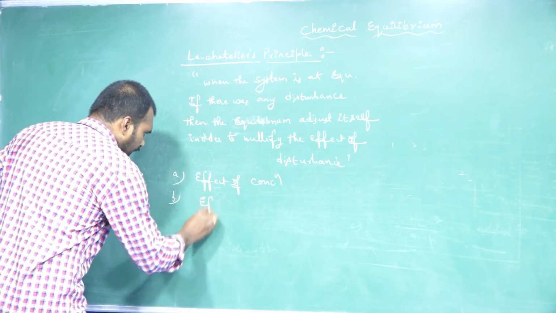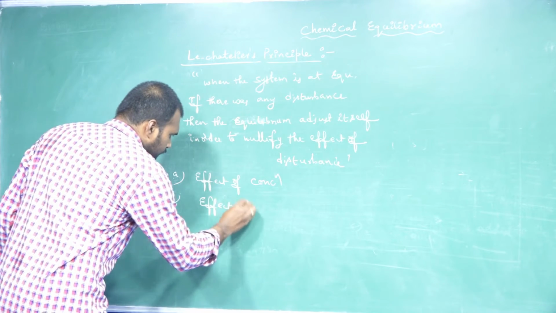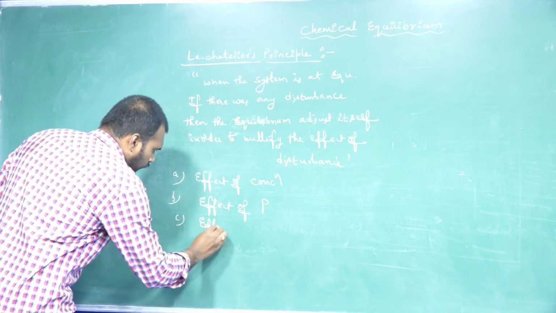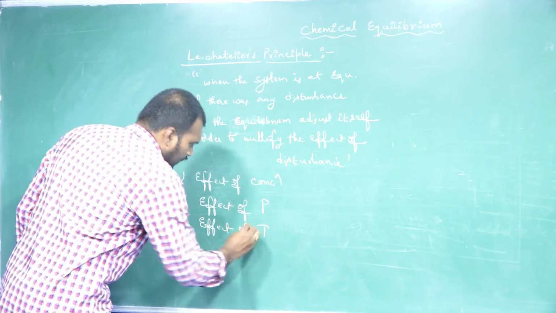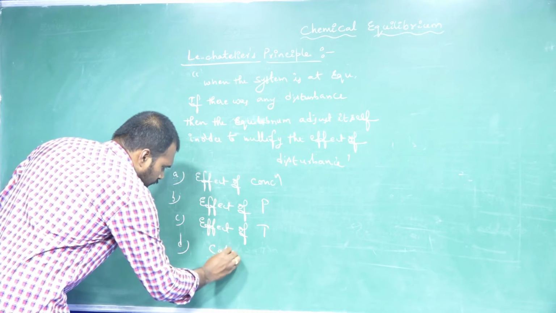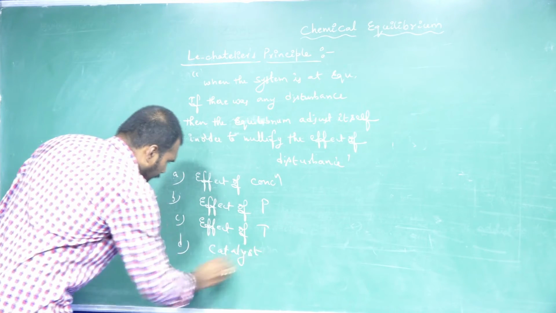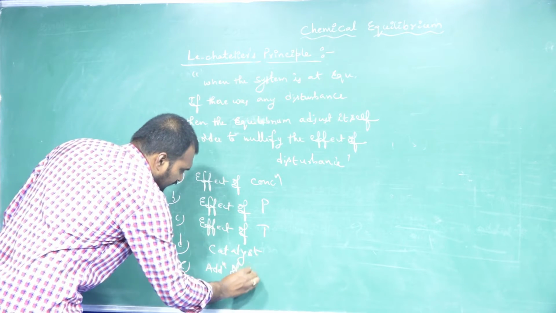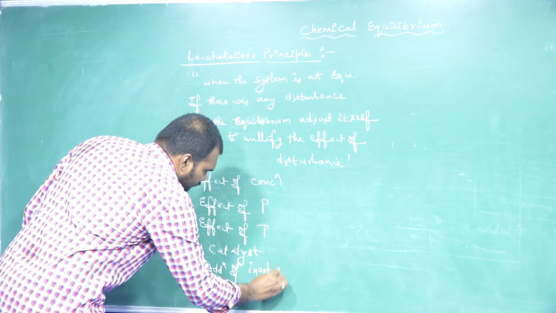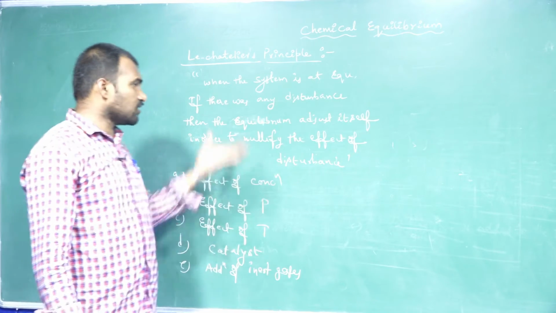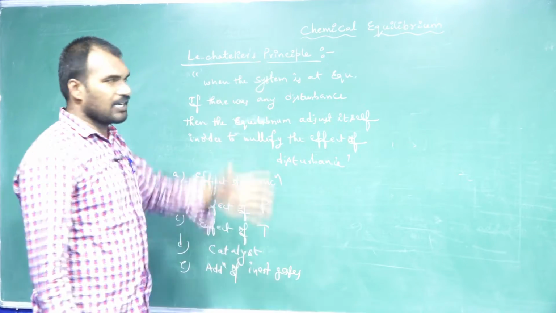Next one, effect of pressure. Next, effect of temperature and catalyst, and the last one, addition of inert gases. These are the 5 factors we are going to discuss in this Le Chatelier principle.